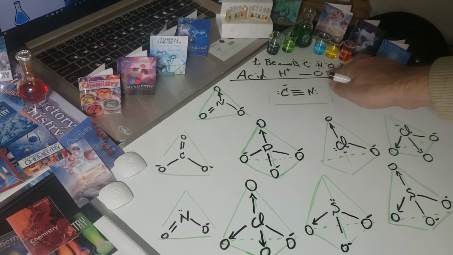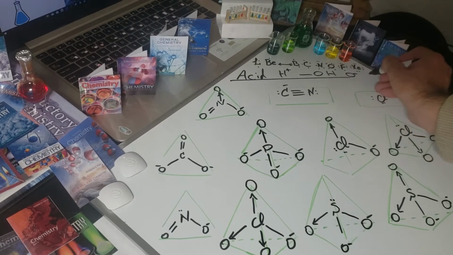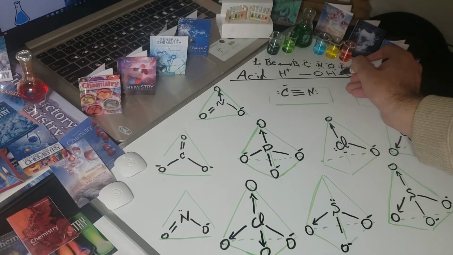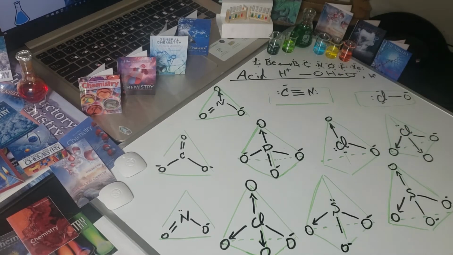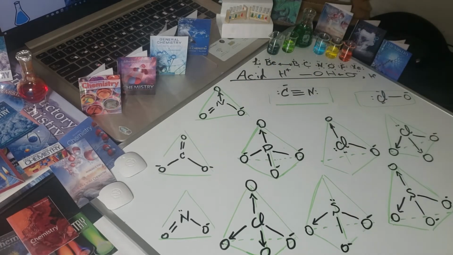And this OH is formed by joining an O negative and an H plus, getting a hydroxyl on a compound that has O negative on it. Those compounds that have O negative in them are called conjugate bases. We'll talk about them later on, as we don't want to go into conjugate acids or really acid-base topics right now. We just want to know how to do Lewis structures of those.